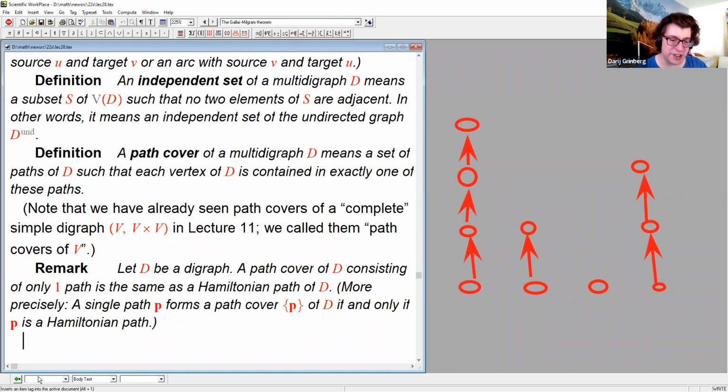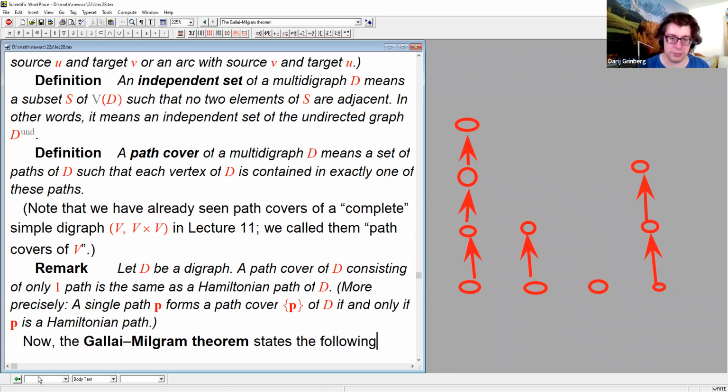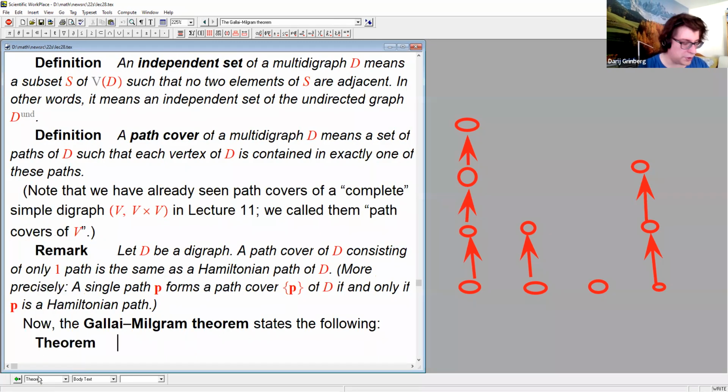Okay, and now we can state the Gallai-Milgram theorem. Let D be a loopless digraph.